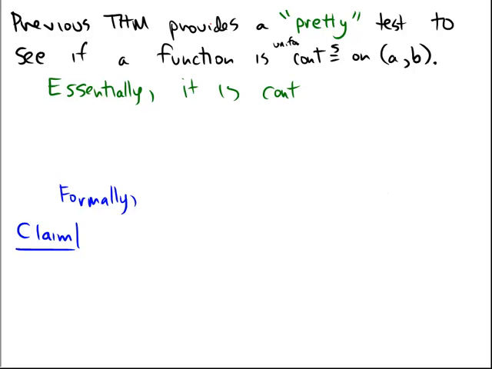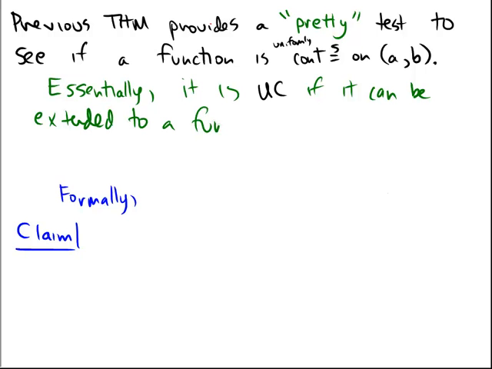A function is uniformly continuous on an open interval if it can be extended to a function that is simply continuous, not uniformly continuous, on the closed interval a to b.